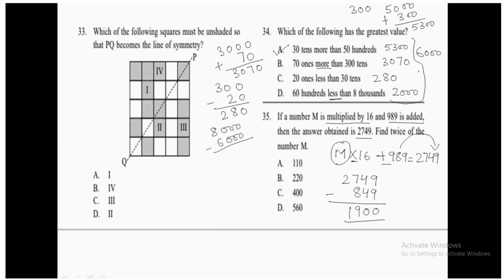So if it is going to the other side of the equal sign, it will become a division form. So now what are we getting after that? First we have to divide this whole thing, what we are getting, by 16. Okay, let's see what we are getting.